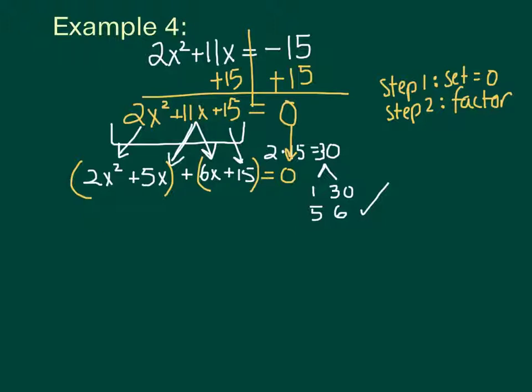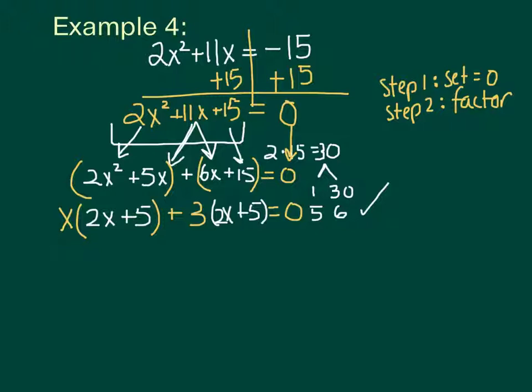So in 2x squared and 5x, I can pull out an x, and I'll be left with 2x plus 5. And then from 6x and 15, I can take out a 3, and I'm left with 2x plus 5. And remember, that still all equals 0.